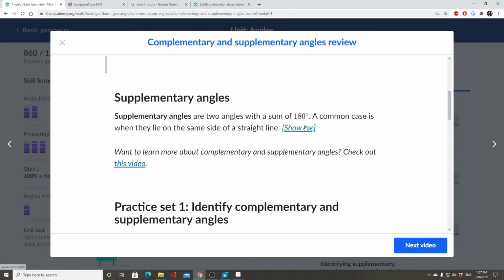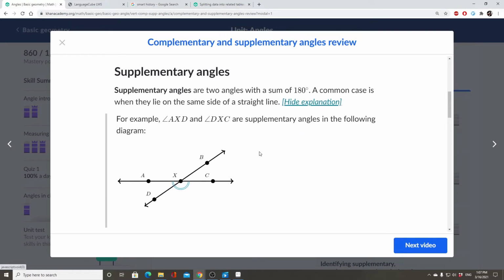But yeah, so anyway. Supplementary angles are two angles with a sum of 180 degrees. A common case is when they lie on the same side of a straight line. So for example, AXD, that's this one here, and DXC are supplementary angles in the following diagram.